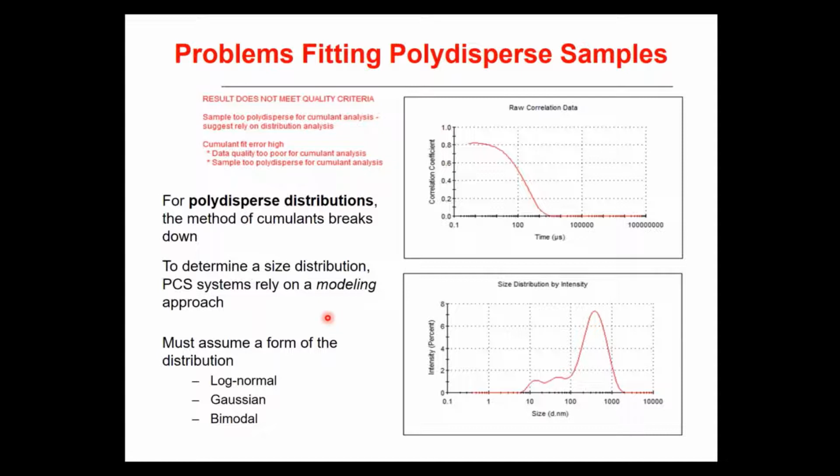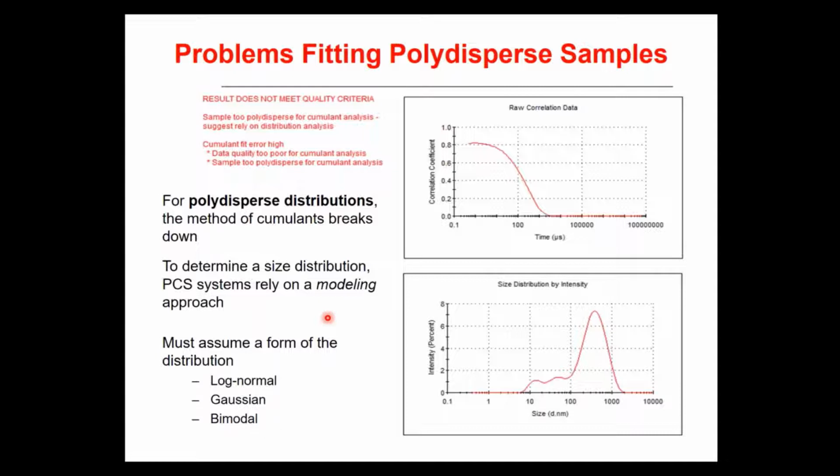What this means, though, is that for polydispersed samples, or samples that are somewhat widely spread, we have to go to a different method. And in PCS, this typically takes the form of assuming a type of functional form. Could be log normal distribution, or if we know that there are two different particle sizes present, we can adopt a bimodal model.